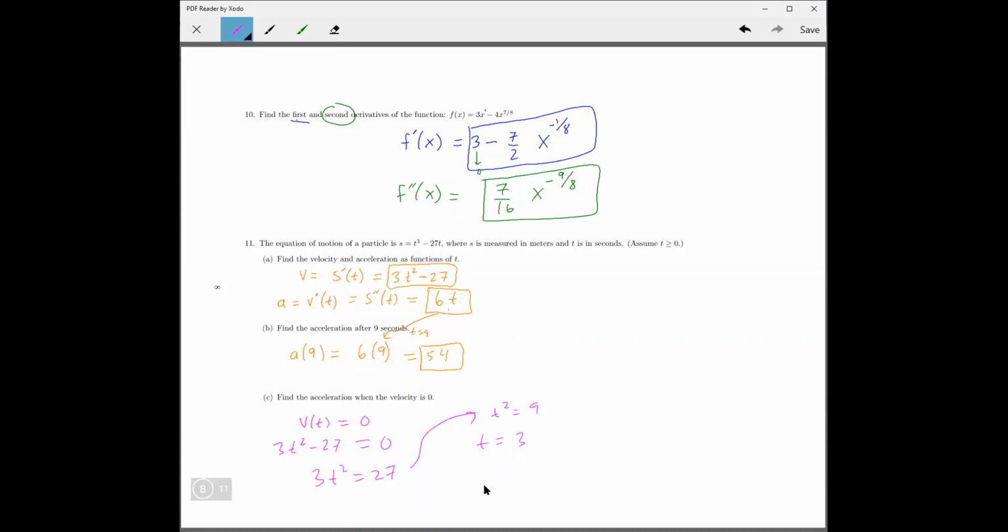Well, negative 3 also works, but this is only for t greater than or equal to 0, so we're just going to go with 3. So the velocity is 0 at t equals 3. And so you plug in a 3 for t right in the acceleration formula. The acceleration is 18.